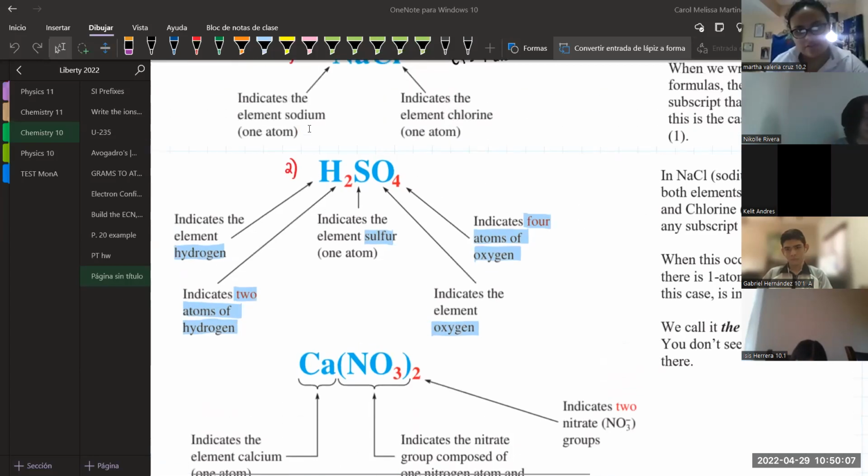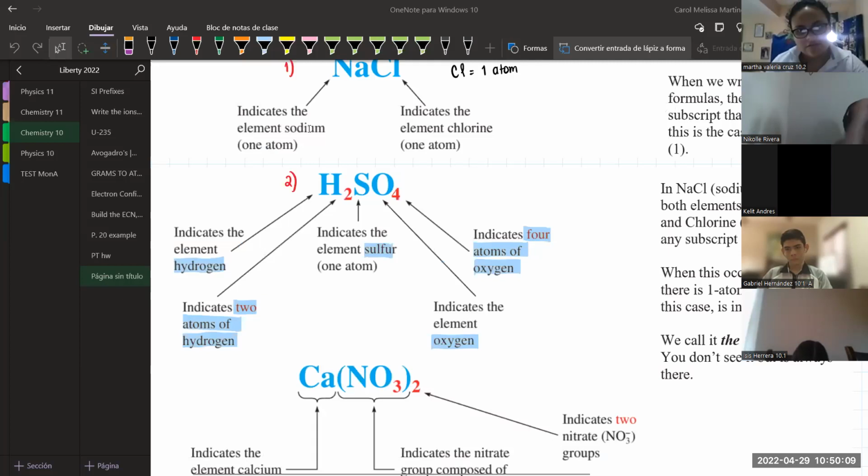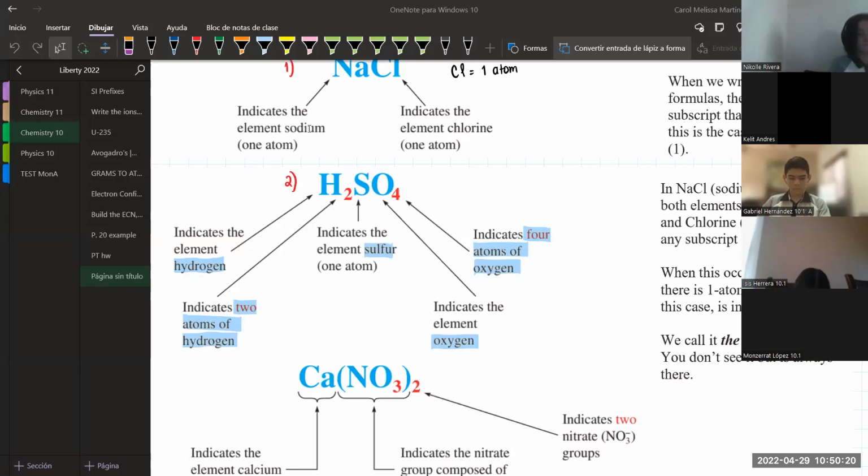So remember, the little numbers that are just below the elements and also to the right side of those elements are going to be the subscripts, okay? And they represent the number of atoms. So how many hydrogen, how many sulfur, and how many oxygen atoms are we going to have in this example?